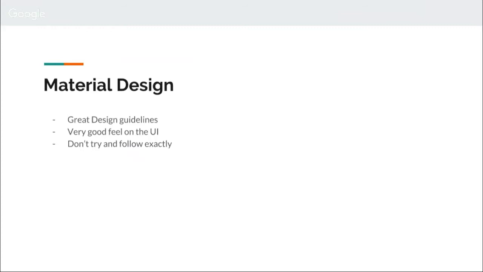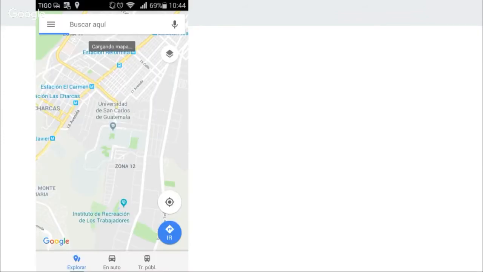And a reason that I say don't follow it exactly is because you should design the application to fit its own needs and not follow the guidelines to the T, right? Check this out. This is a screenshot from the Google Maps, right?